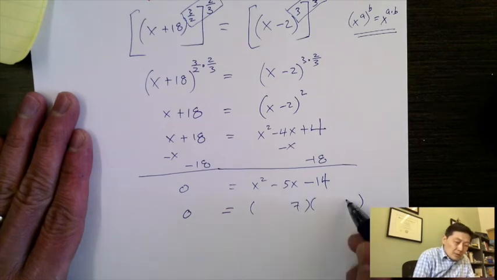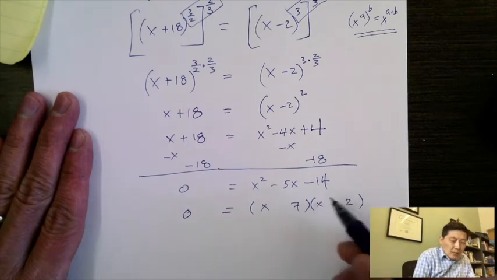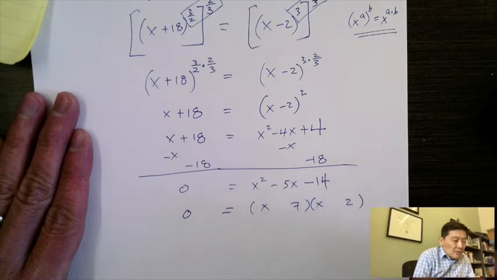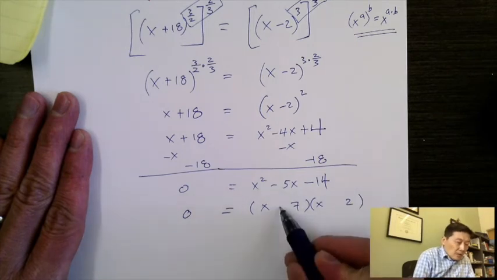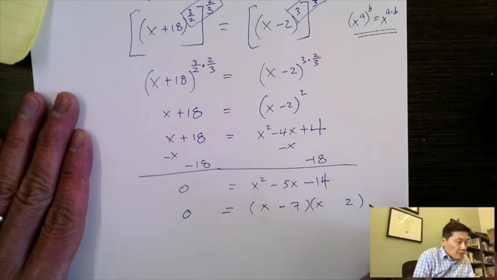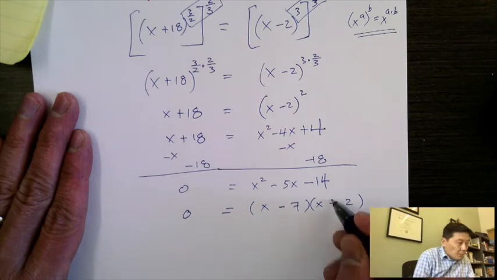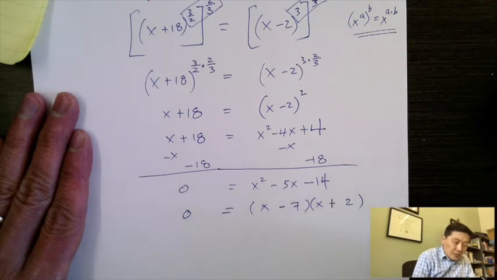A 7 and a 2, and they have to become a negative 5x, so I have to have a negative 7, and then a positive 2, right?